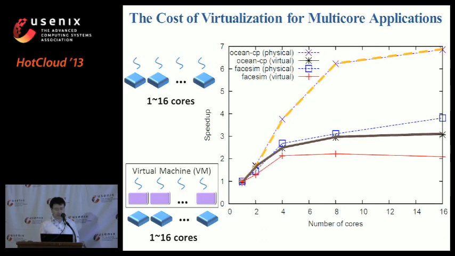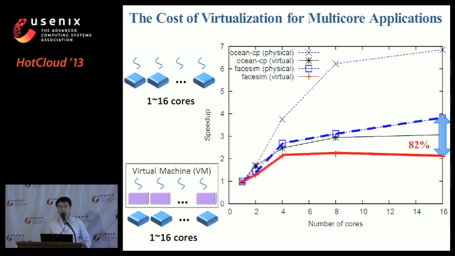For example, for OceanCP, the gap between its bare metal performance and its performance in the virtual machine keeps widening. When 16 cores are used, the execution time of OceanCP is increased by 123%. For FaceSim, we see a similar trend. While the slowdown is not as dramatic, it is still 82% when 16 cores are used.